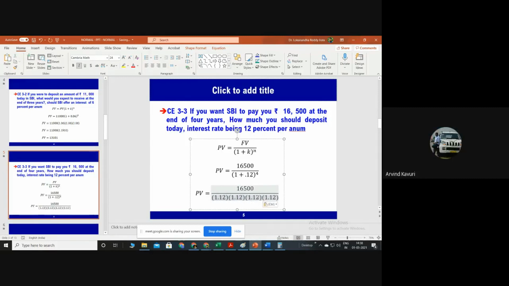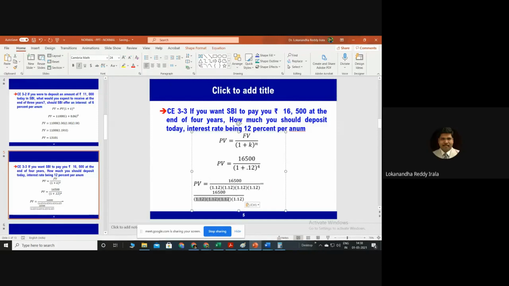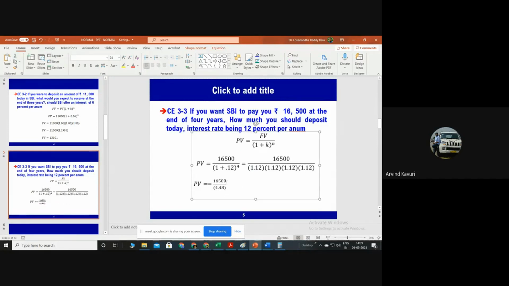How much is the denominator value? 4.48. Finally, it is equal to 3,683.